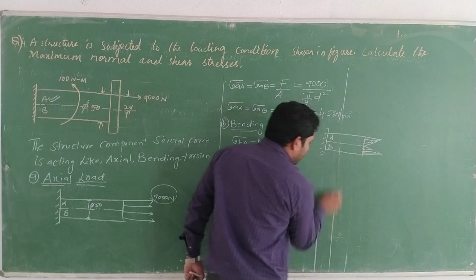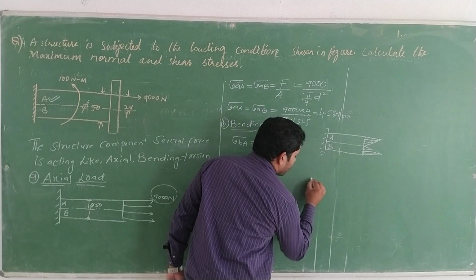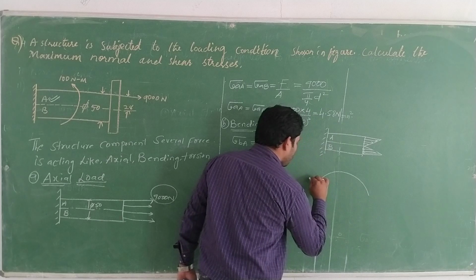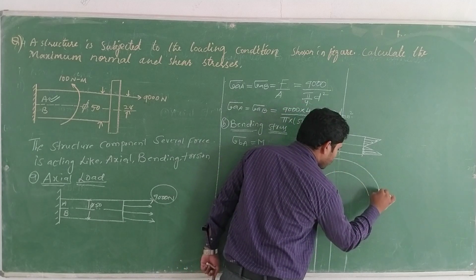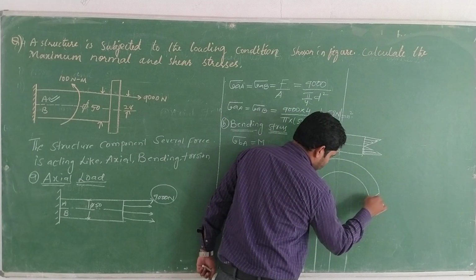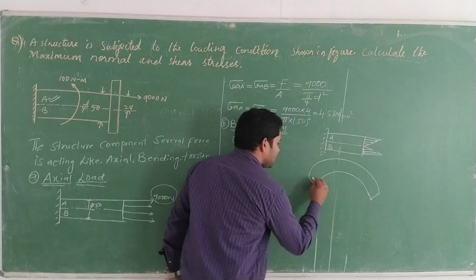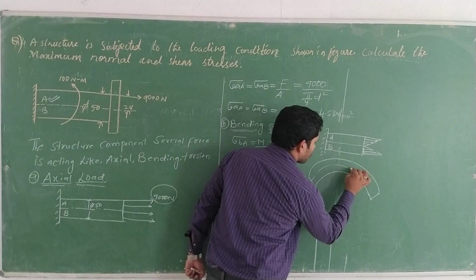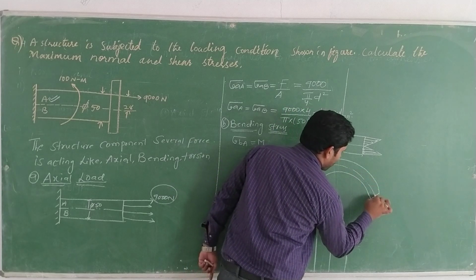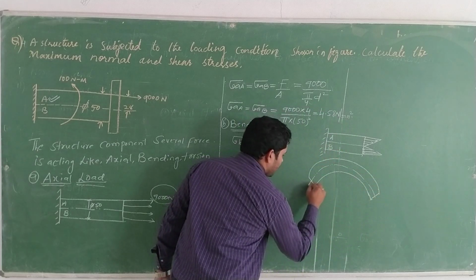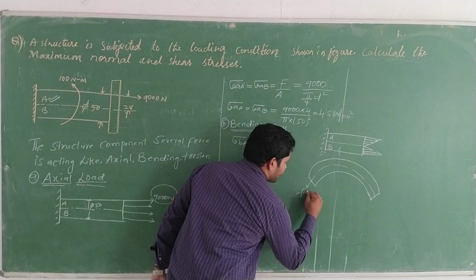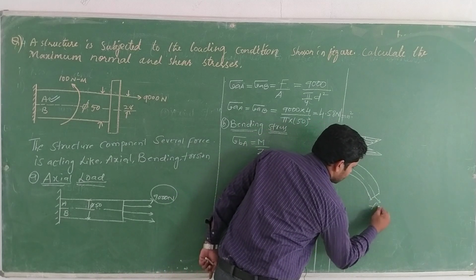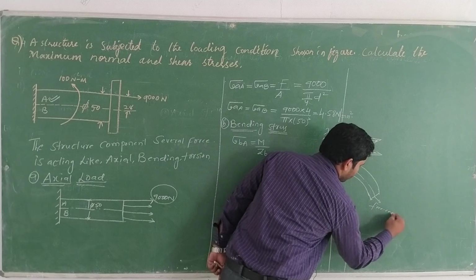If you want to draw the free body diagram or distribution diagram, let us see. This is your axis. This one we can say is the fixed end, and this one is the free end.